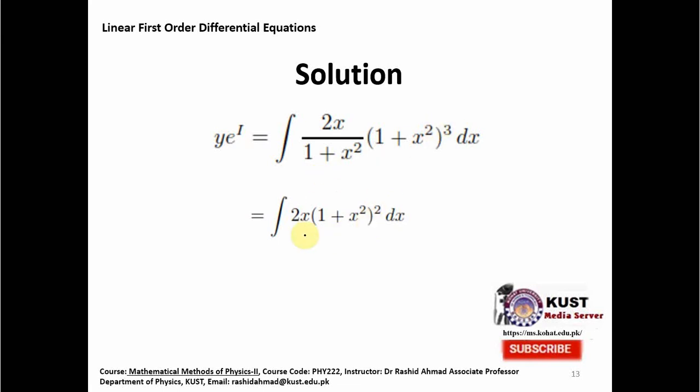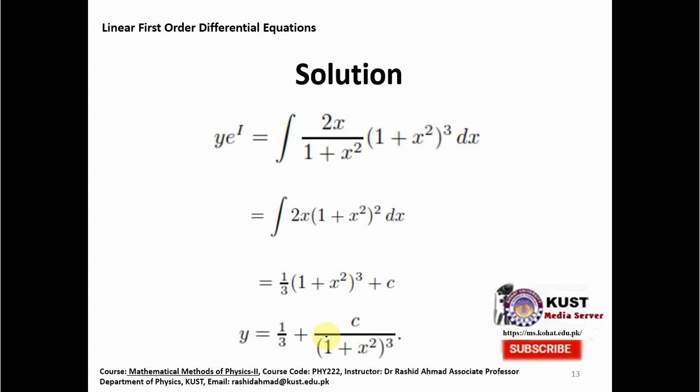You will get this thing, and if you make the integration, a simple integration by power rule, you get this thing, and from here y is equal to 1 over 3 plus c, times 1 plus x square to the power 3. So you see how easily we have solved this equation.